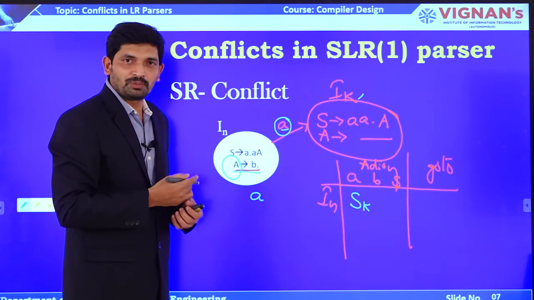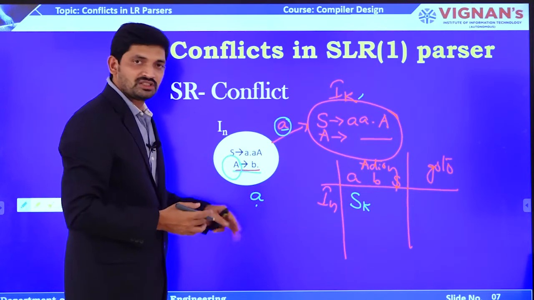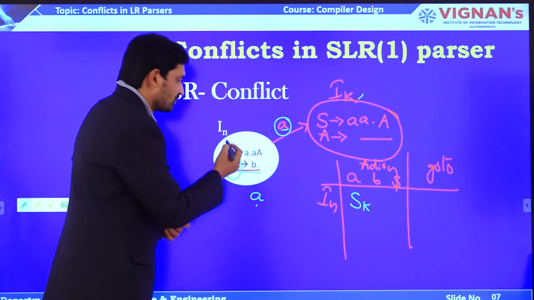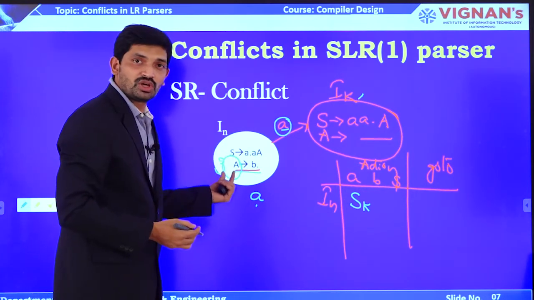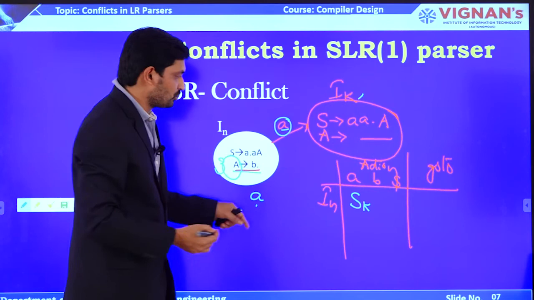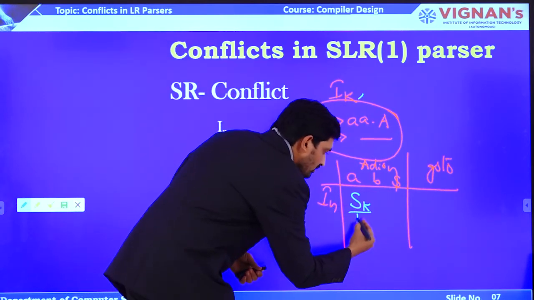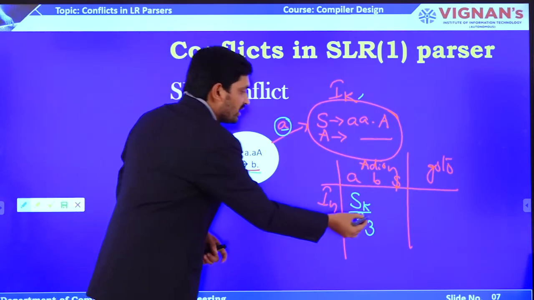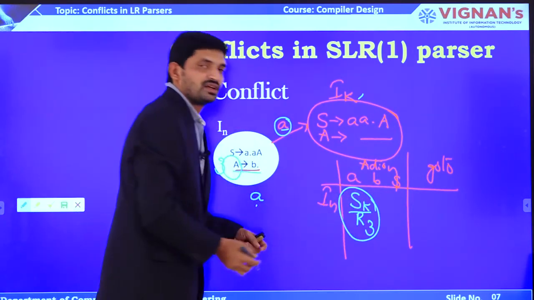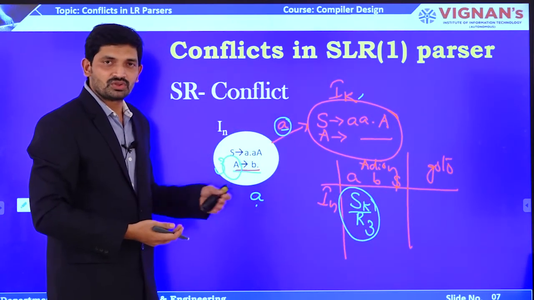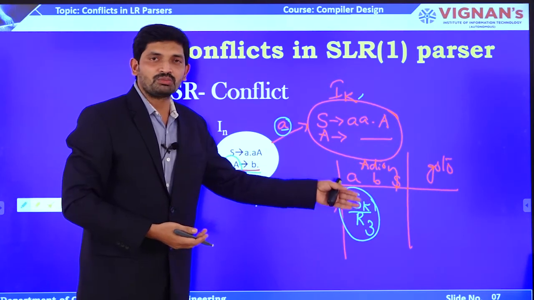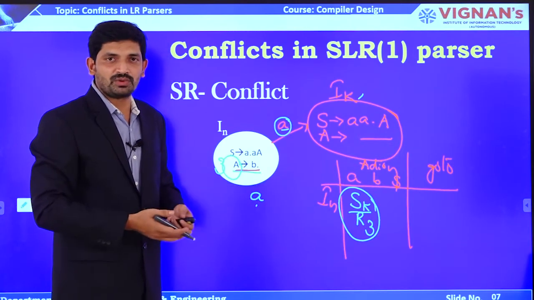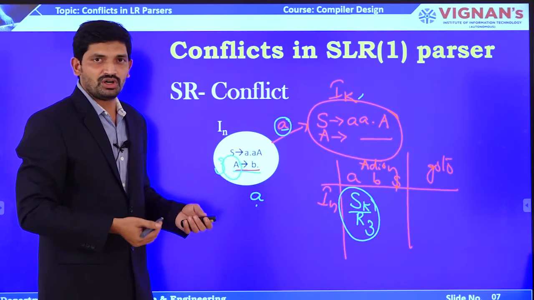So I have to place the reduce operation in the place of a, and the production number is, let us say, 3. So I have to write the reduce operation 3 in the place of small a. So R3, which indicates here we get an SR conflict, shift reduce conflict. So the parser cannot move to the next step. It cannot decide whether it has to perform shift operation or reduce operation.